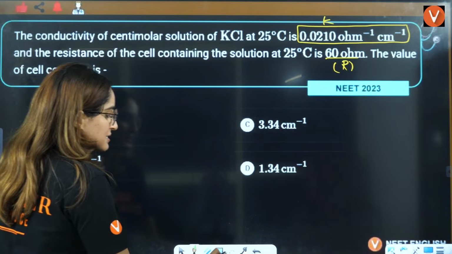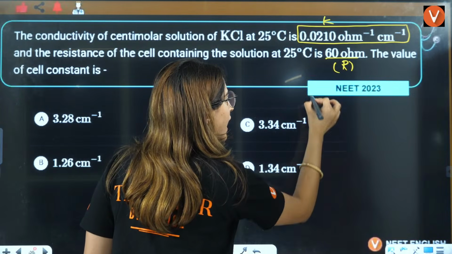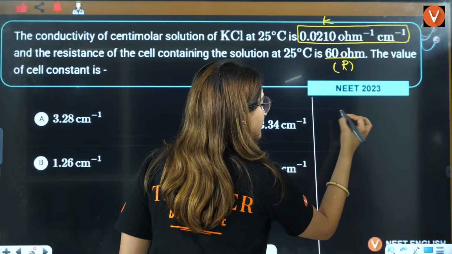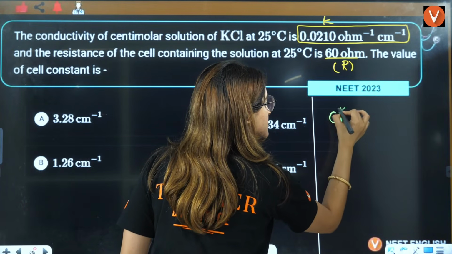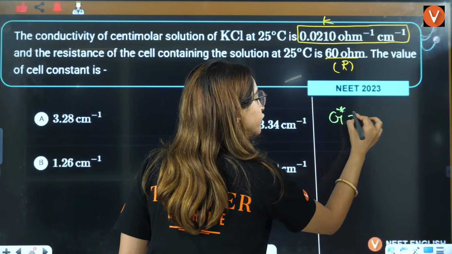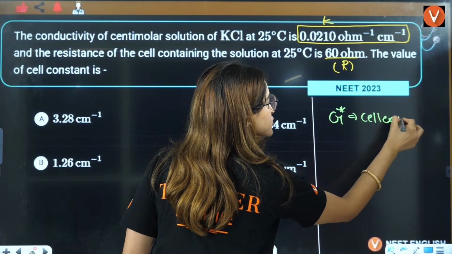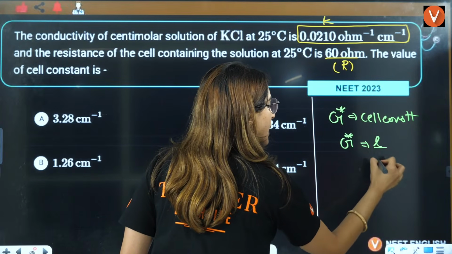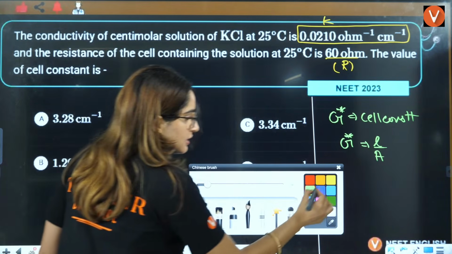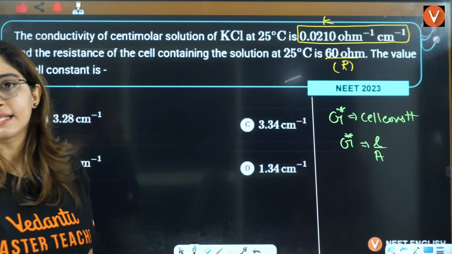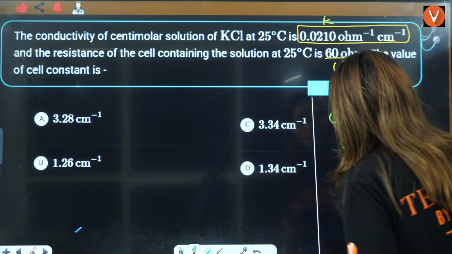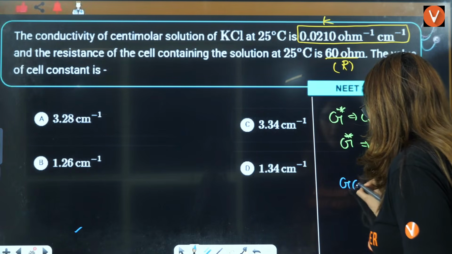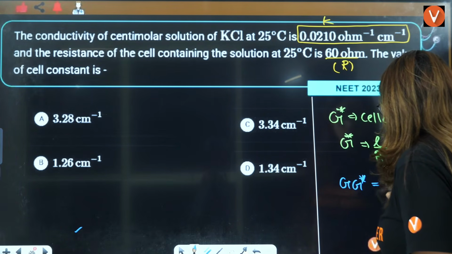See guys, cell constant is very, very simple. Cell constant is nothing but G star. And what is the formula of cell constant? Cell constant is nothing but l by A, length by area. The direct formula with conductance is G into G star equals kappa.